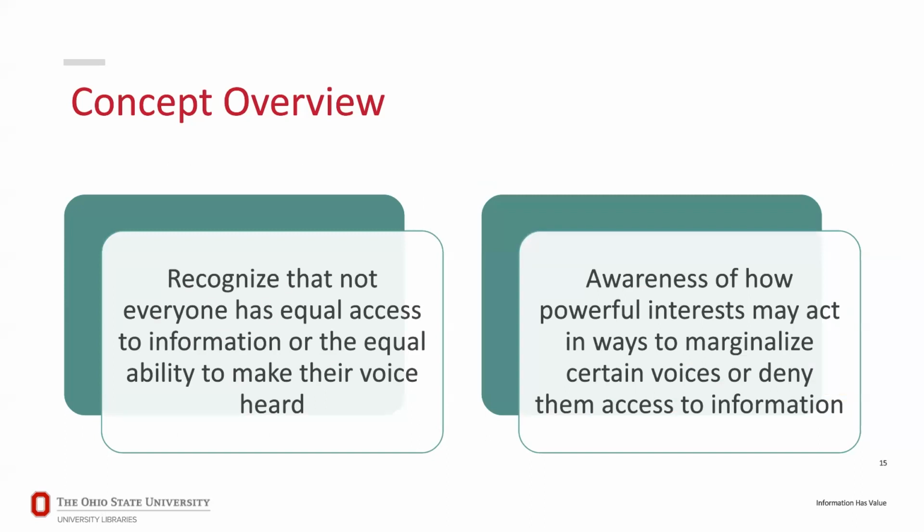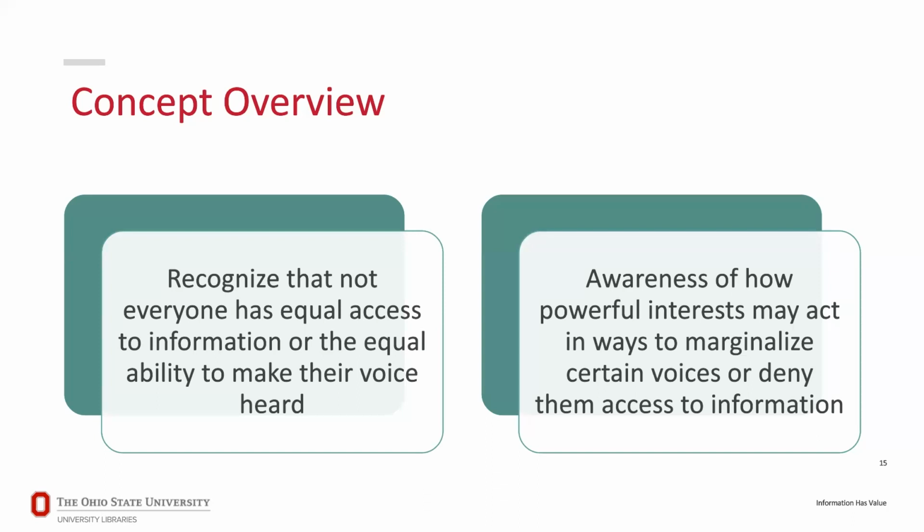Highlighting really quickly, I think it's important that this concept also emphasizes the idea that not everyone is going to have equal access to information. Not everyone is going to have the equal ability to make their voice heard. There are certain interests and power structures out there related to information that mean certain individuals or groups have less access and less ability to engage with information and to share information.